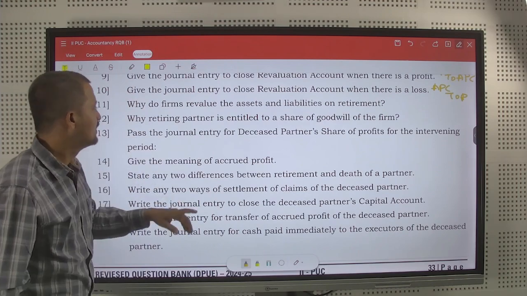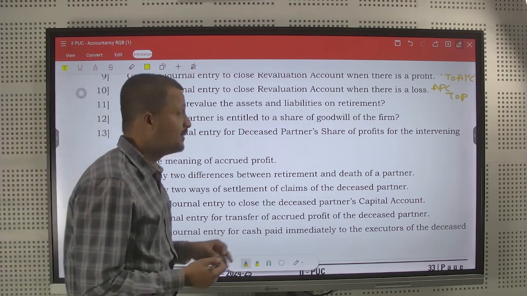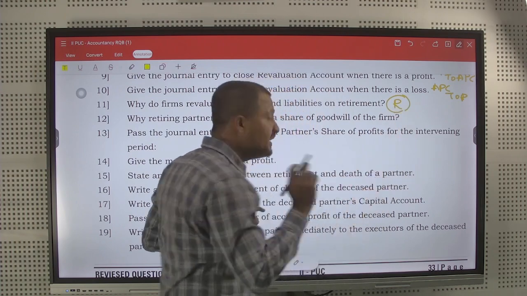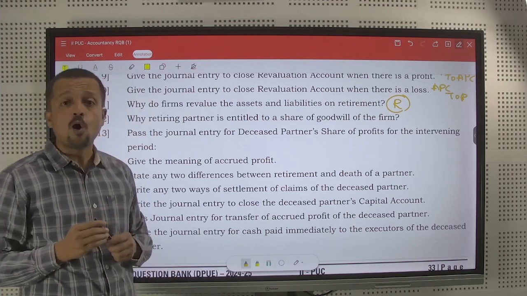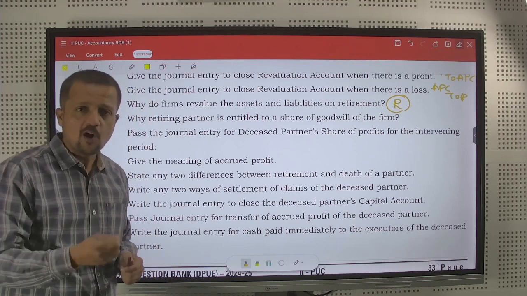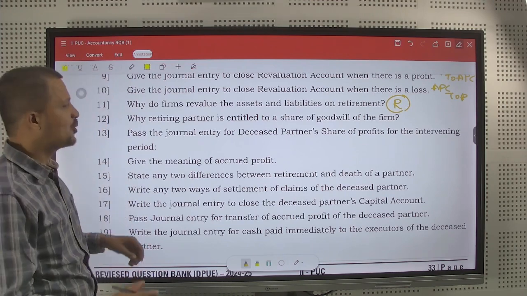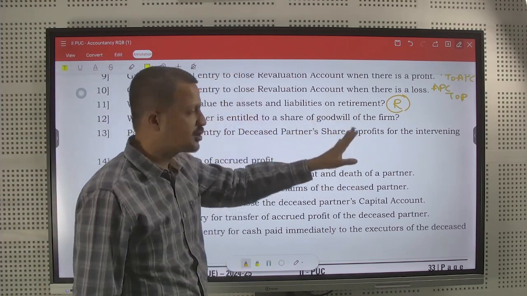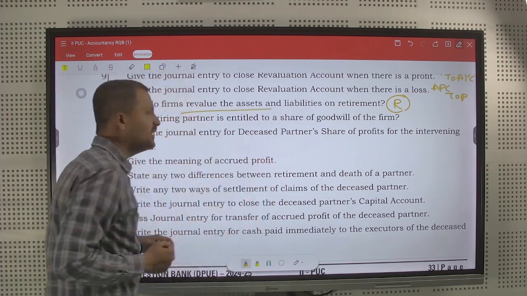Then, why do firms revalue assets and liabilities on retirement? Because the retiring partner is entitled for his share of profit or loss on revaluation of assets and liabilities. So, to ascertain the profit or loss on revaluation, we do the revaluation of assets and liabilities.